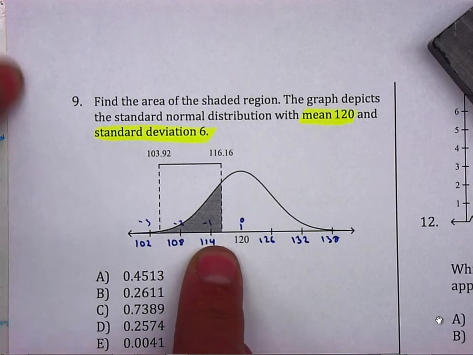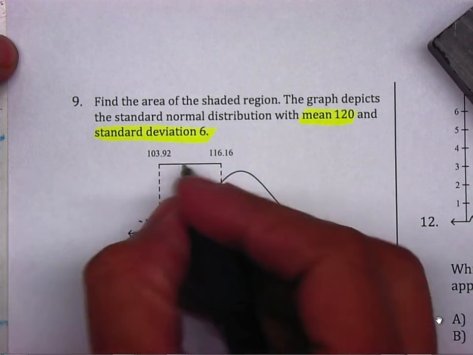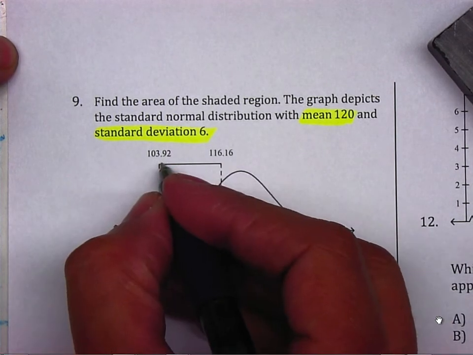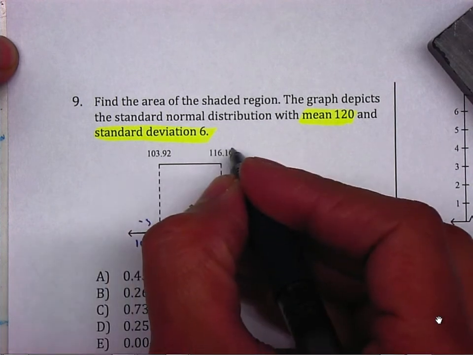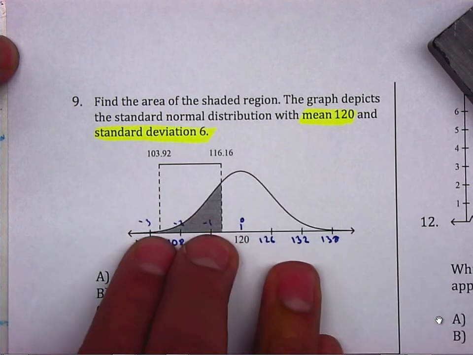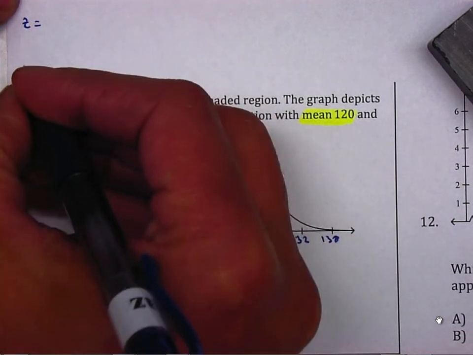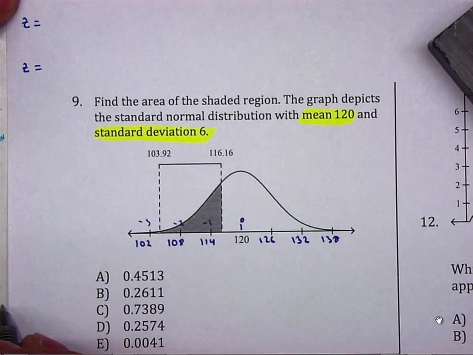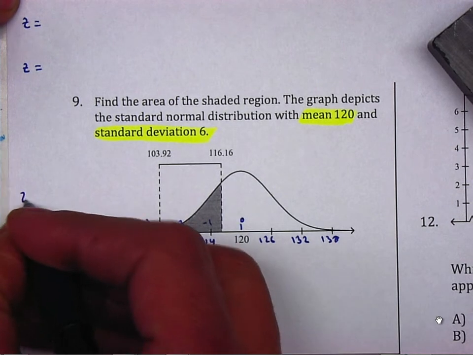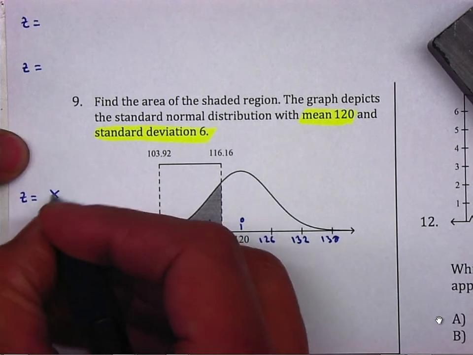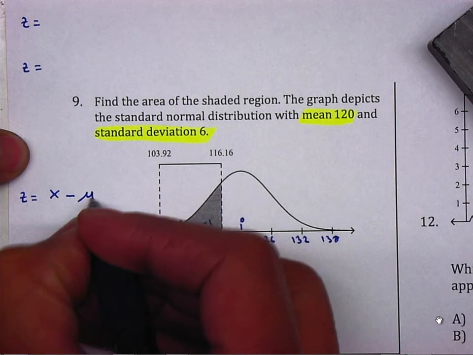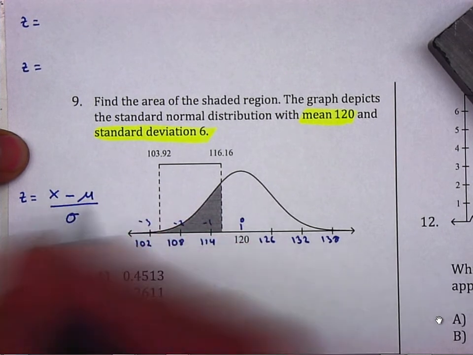So therefore, we're going to have to find the Z values for each one, then look up your percentage in your chart and subtract them. So we're going to have to find the Z value for the first one and the Z value for the second one. Now remember, your Z formula is X minus your mean divided by your standard deviation.